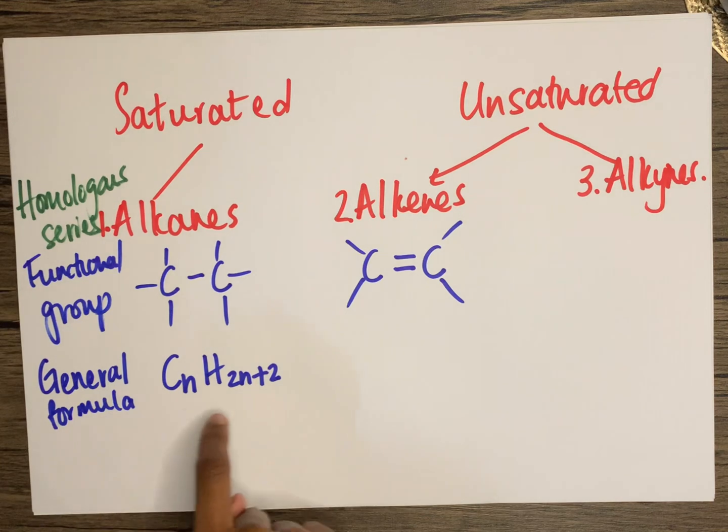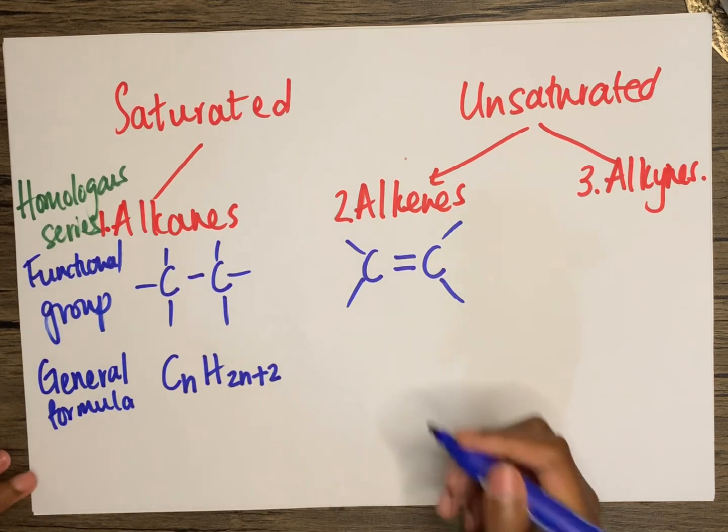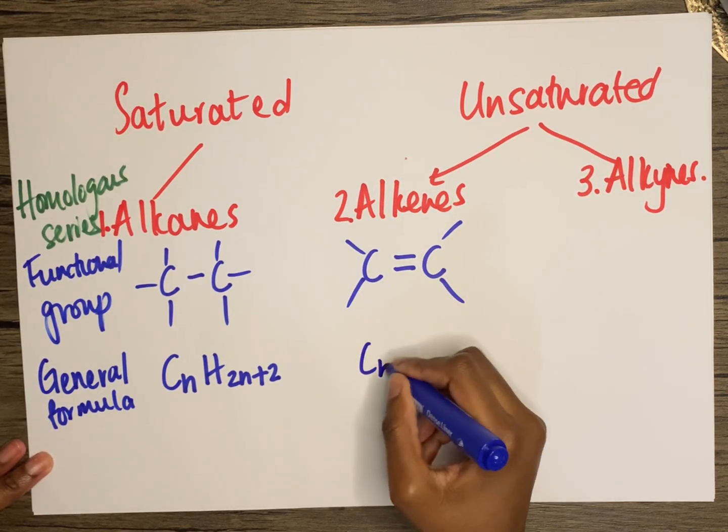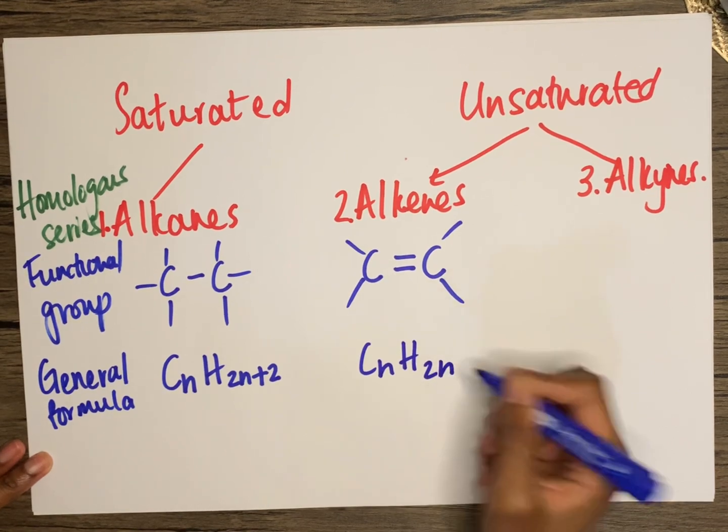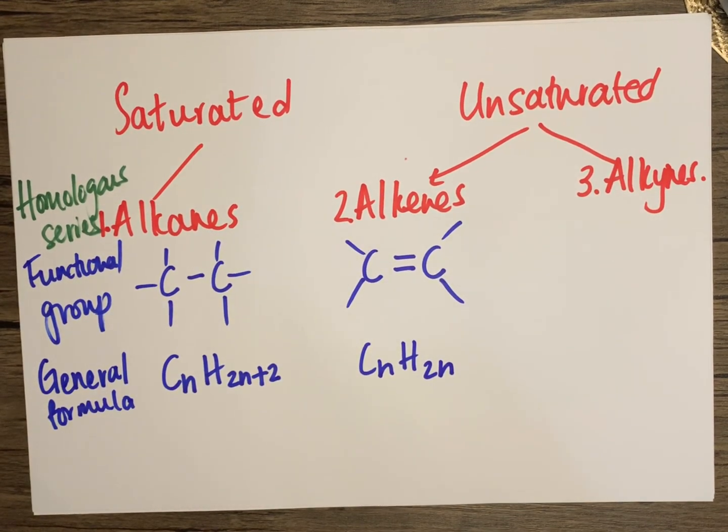They also have a general formula, which is CnH2n. Again, for the one that I showed you, it had 2 carbon atoms and twice the number of hydrogen atoms, so 4 hydrogen atoms. That's for alkenes, right?